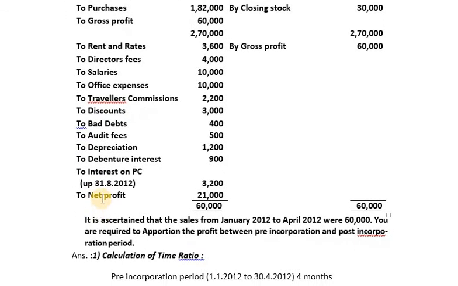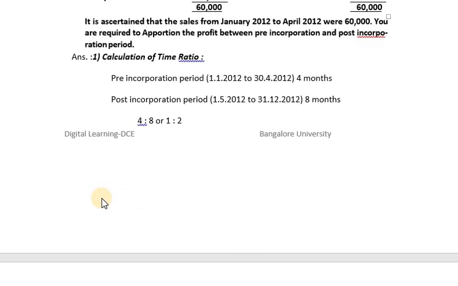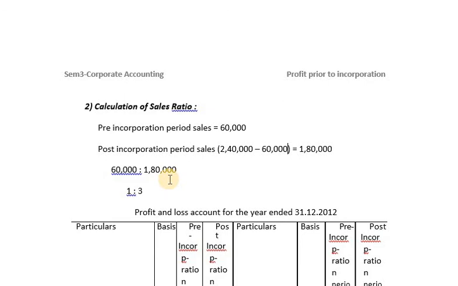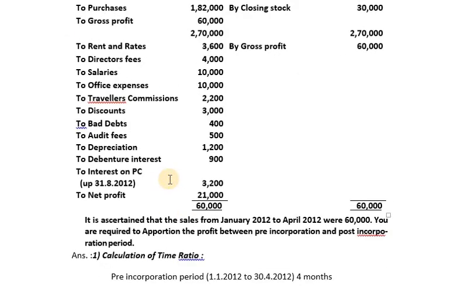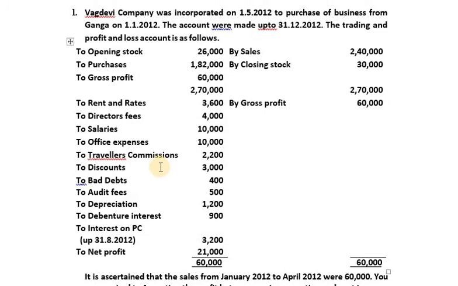Based on this, we now apportion the expenses. Your time ratio is 1:2, and your sales ratio is 1:3. For example, take rent and rates of 3,600.